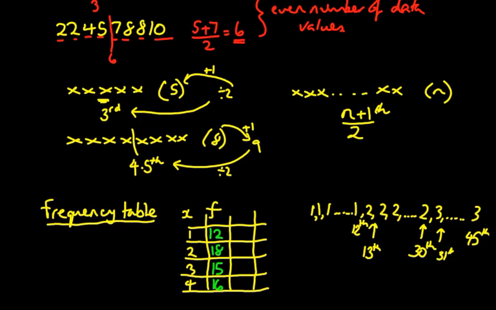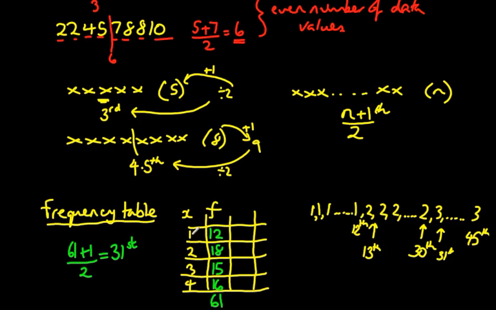N is the number of times I've rolled this four-sided dice. So how many? 30, 45, 55, 61. I've rolled it 61 times, the total frequency. Put that into the formula: 61, add 1, 62, divided by 2. So my median is going to be the 31st number in the list.